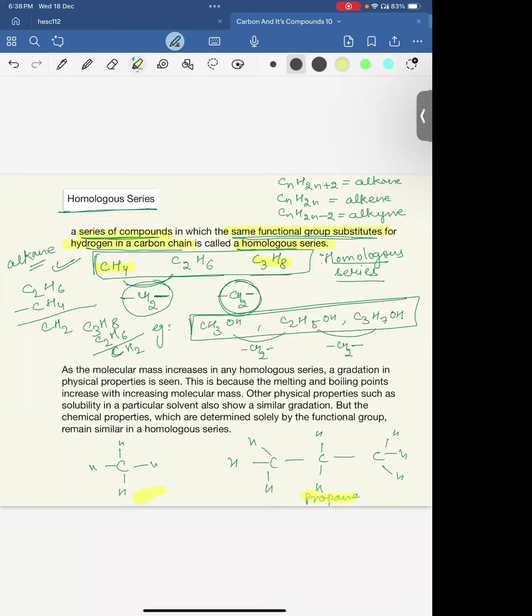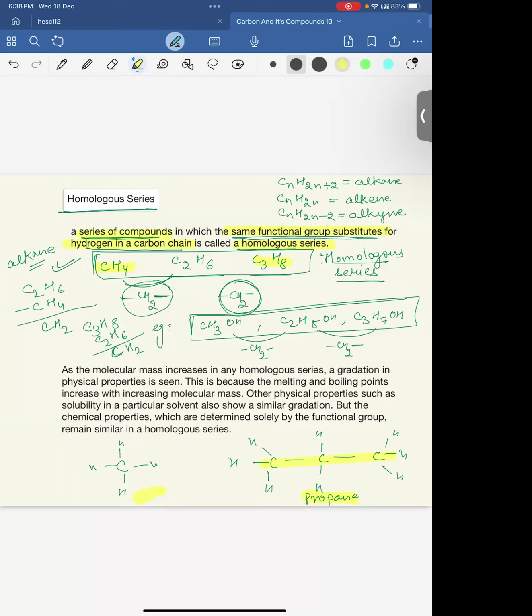Methane or propane? Anyone? Just tell me methane or propane. Propane. Yes. Why will propane melt at higher temperature? Because the mass has increased. More amount will require more temperature to melt.